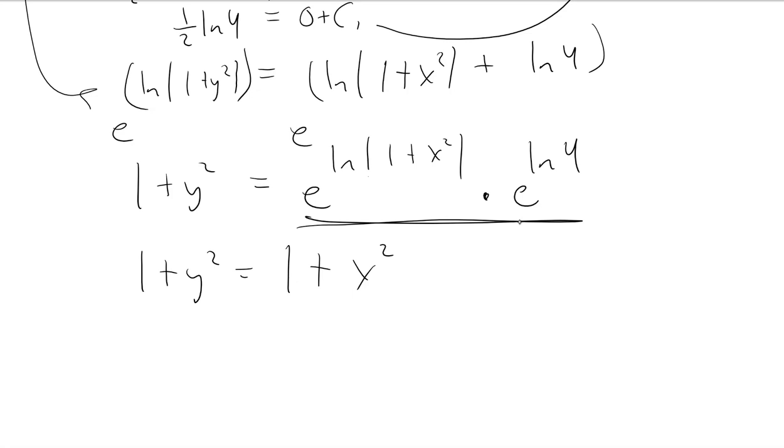And then over here we can simplify this to just be 4, for the same reason that this became this and that became that. e to the log base e of 4 should just be 4. So let's multiply that by 4.